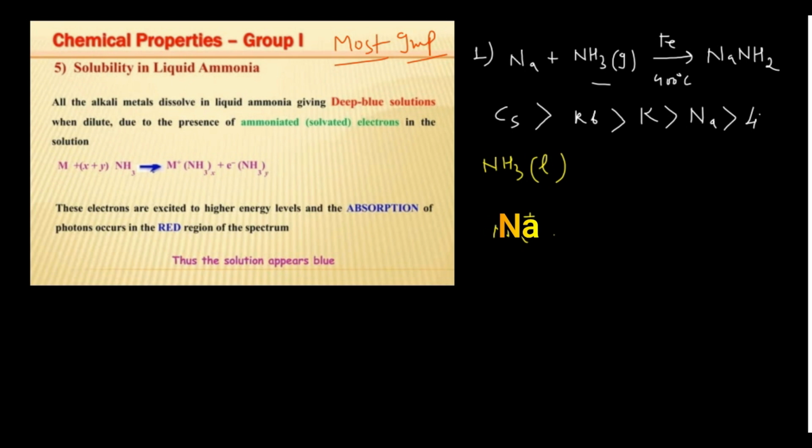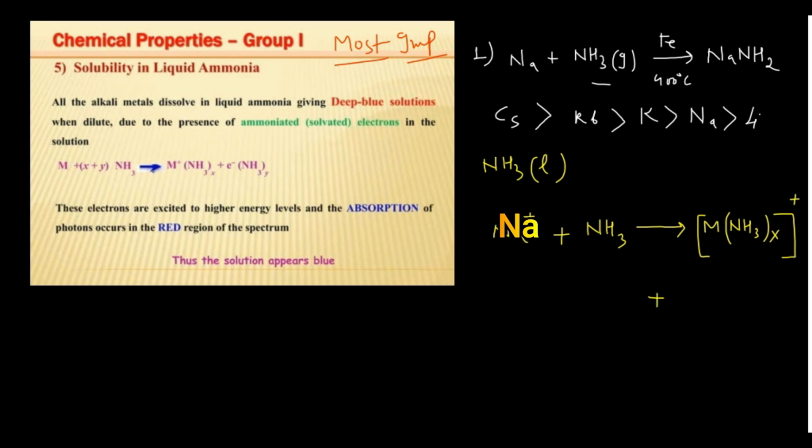If you put this sodium metal into NH3, it will give you the following. First is M(NH3)x, with a positive charge, that means it is in the +1 oxidation state. So this is this particular complex.